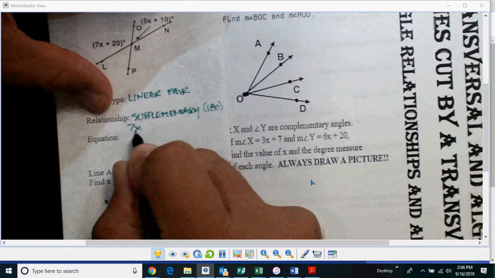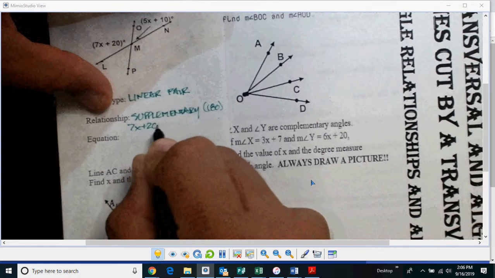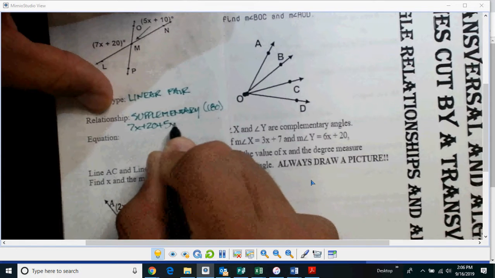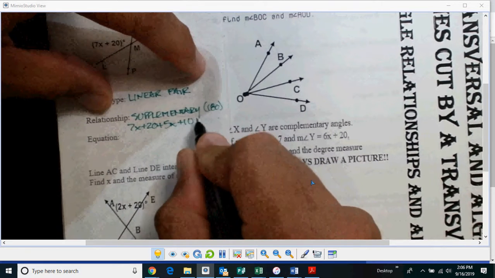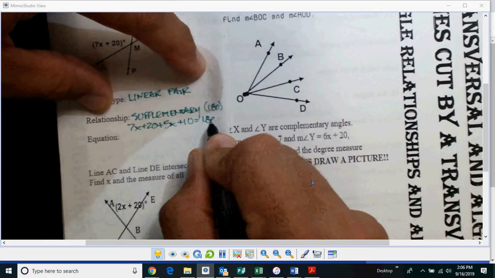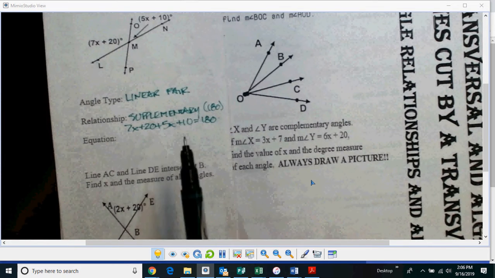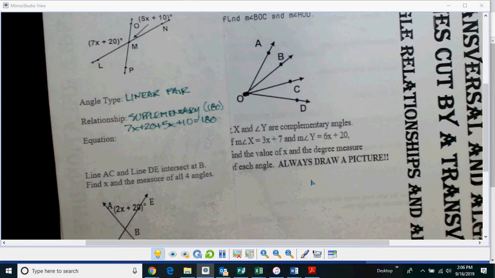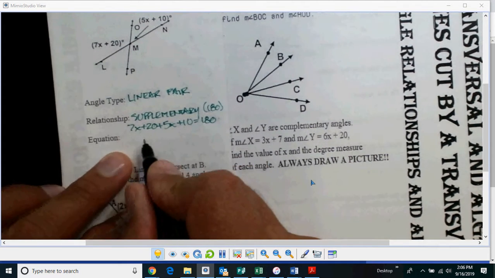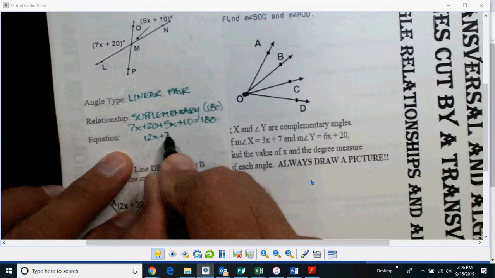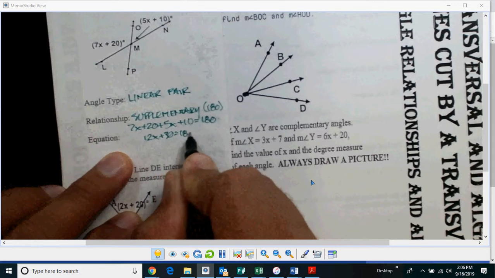So I say 7x plus 20 plus 5x plus 10 equals 180. That's just the first angle plus the second angle equals 180. Pretty easy from here, it's just algebra. So 12x plus 30 equals 180.